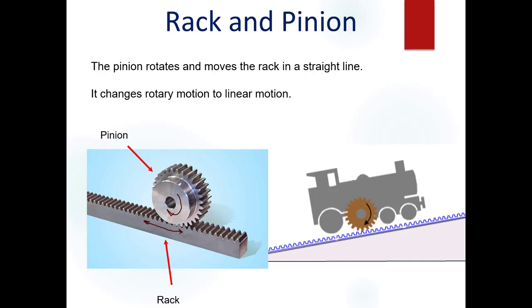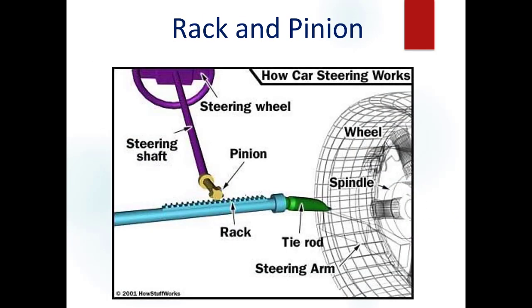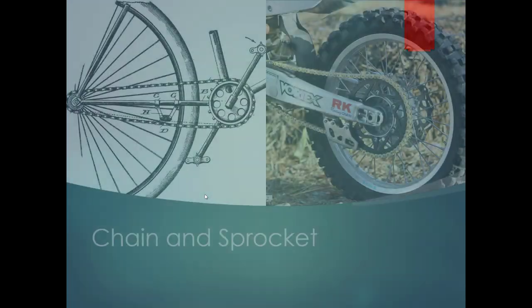But in the engineering room, a very common place you find this is in the drill. This is what makes the spindle on the drill go up and down. It is also used a lot in steering systems in cars. When you turn your steering wheel, it turns a pinion, which pushes the rack left and right, which causes the wheels to turn. And that's a very common and useful mechanism if you're making a car type project.